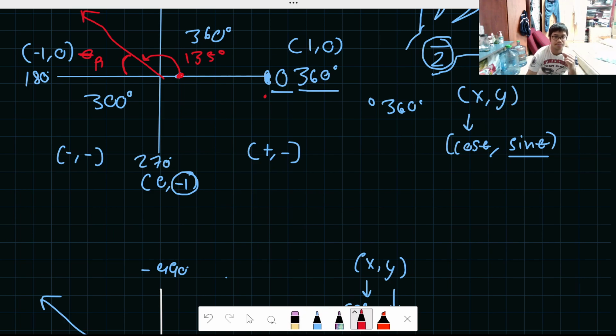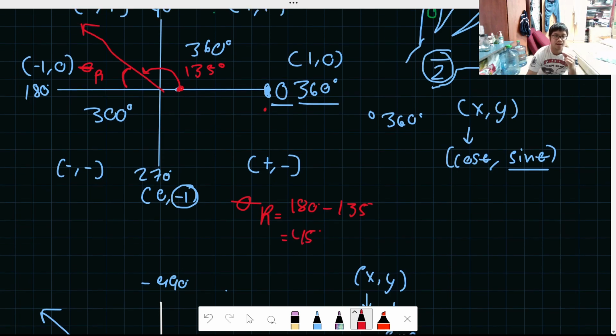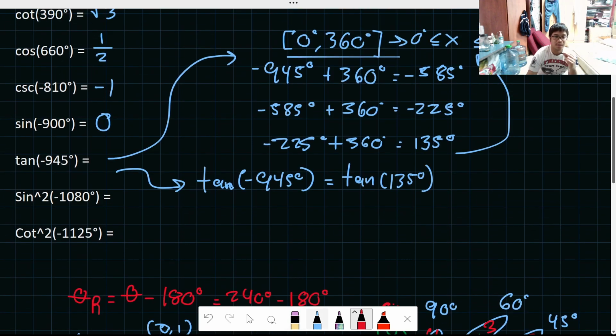So this would be 180 degrees minus 135 degrees. This is 45 degrees, right? So that means that tangent of 135 degrees is just the same as tangent of 45 degrees.